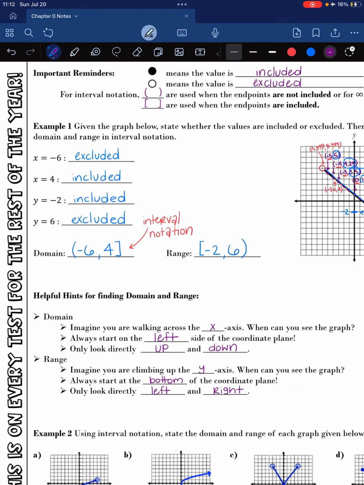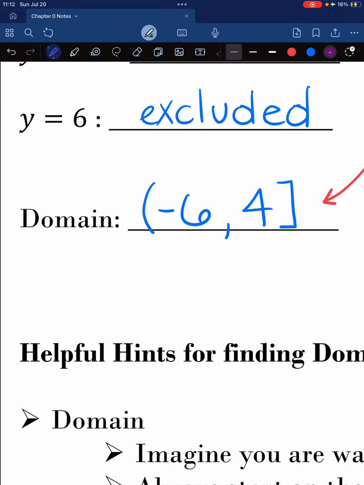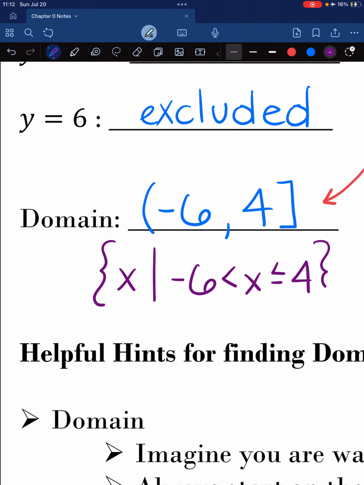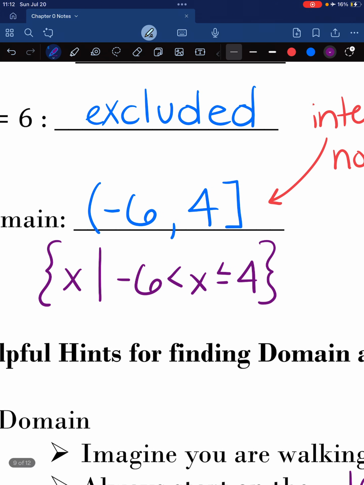But sometimes you will see domain and range written in set notation. And I do like set notation because it makes it so that you don't actually have to write down the whole word domain. So we can write down x such that x is in between -6 and 4.